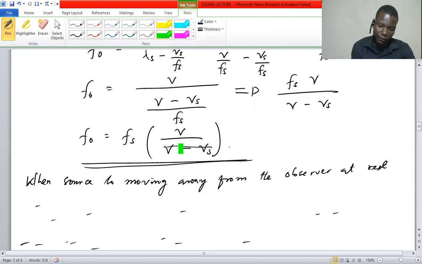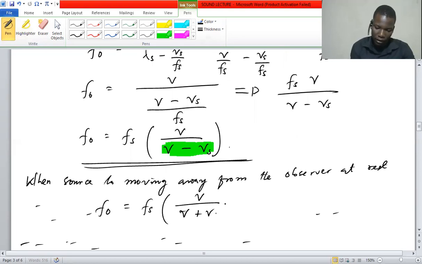Sorry. This is no longer going to be the difference, but it's going to be the sum, and the observed frequency is going to be f_s v over v plus v_s. So the observed frequency is going to reduce, as expected. The frequency is going to reduce.